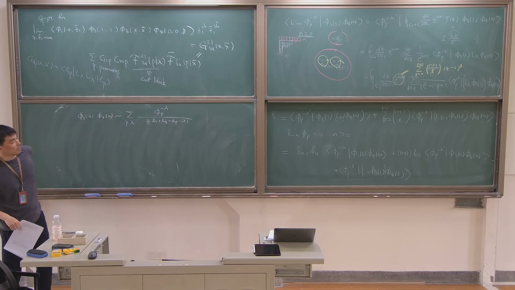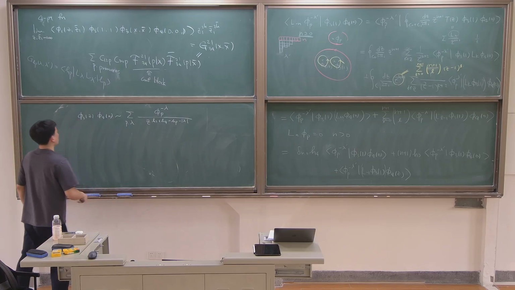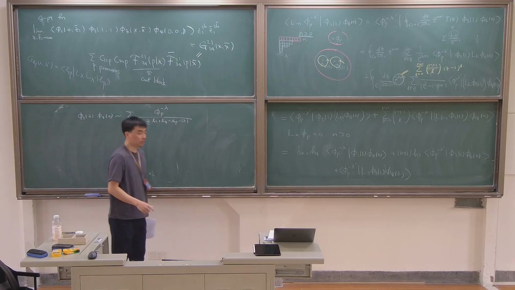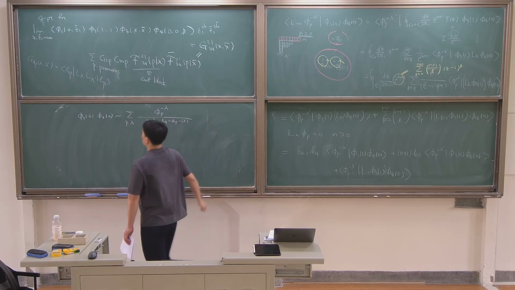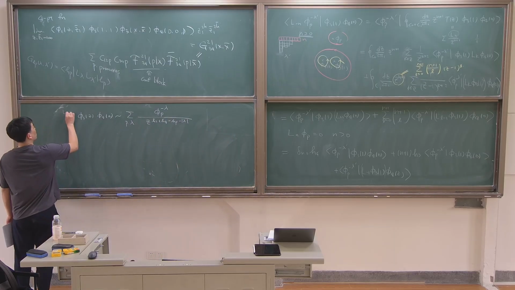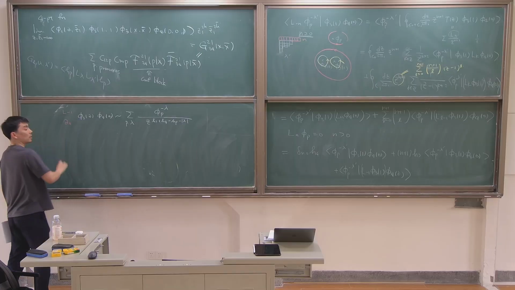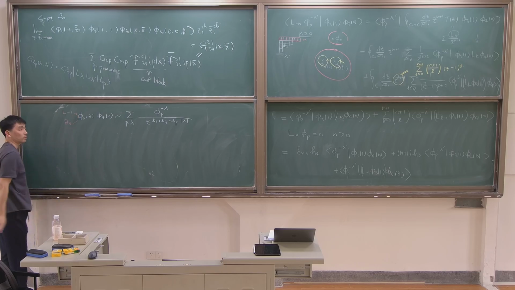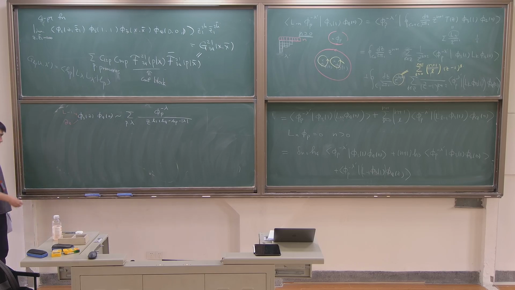So therefore, L minus 1 is just a derivative. L minus 1 acting on it is the same as the Z derivative acting on it. Okay? Because of the conformal Ward identity.